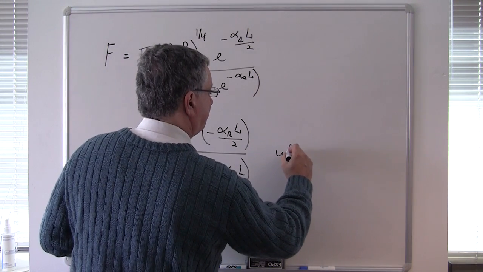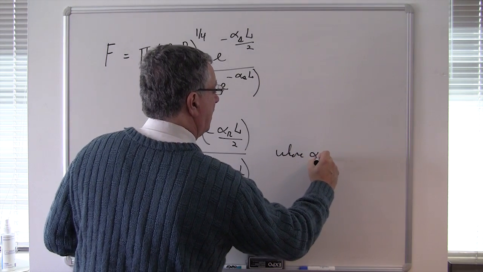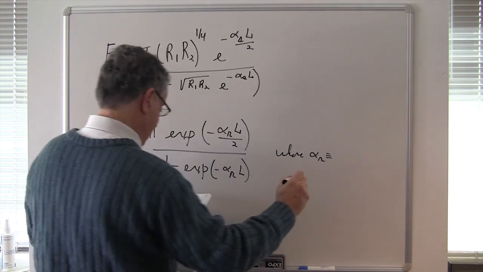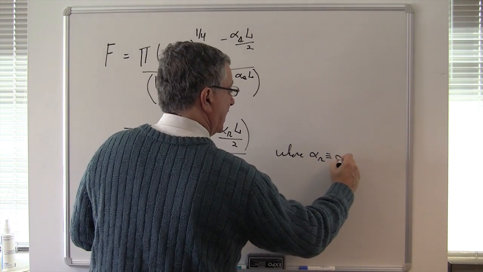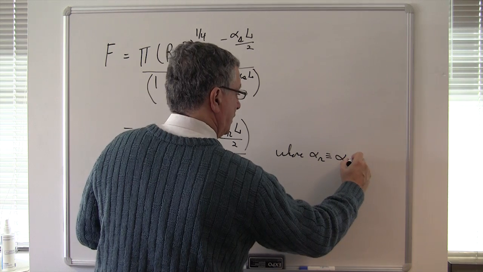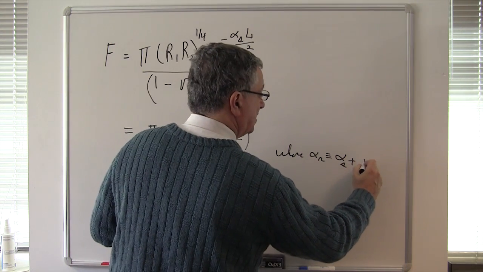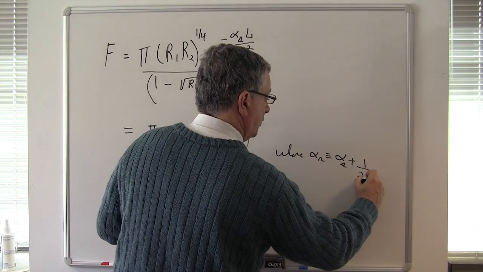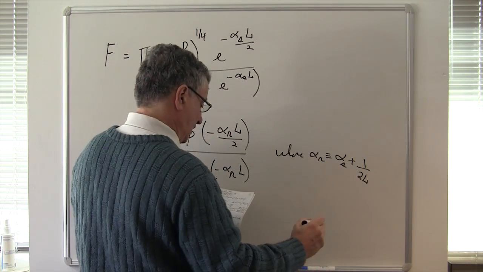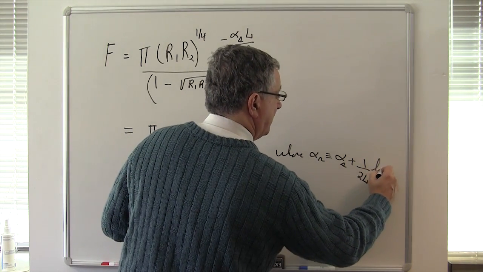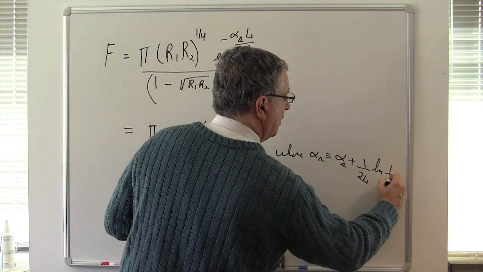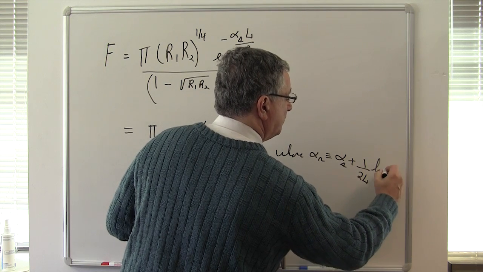Where alpha_r is defined as the background absorption coefficient plus the distributed loss of the mirrors, which is 1 over 2L ln of 1 over R1 R2.